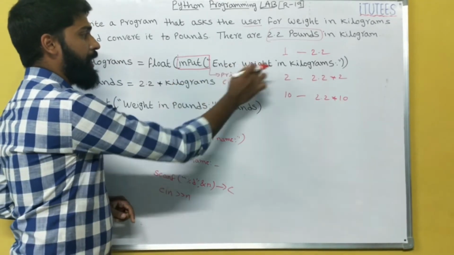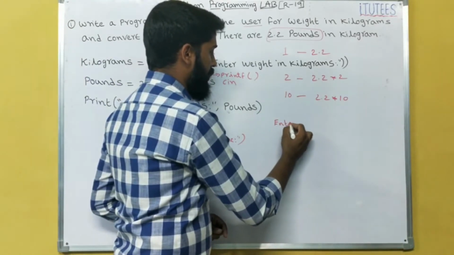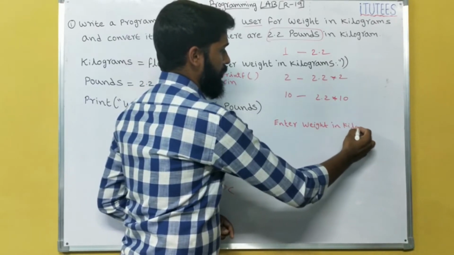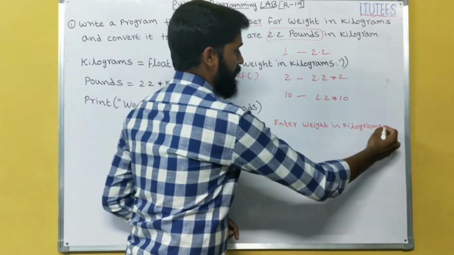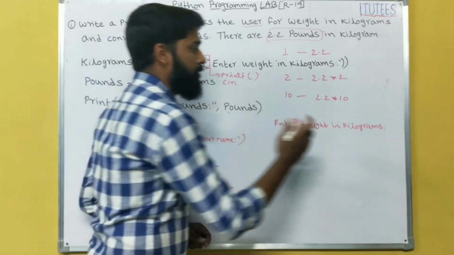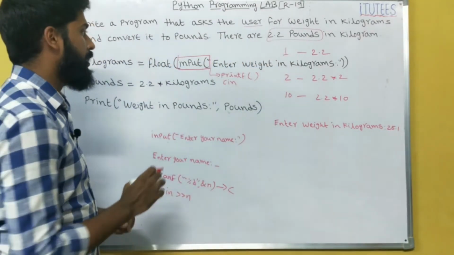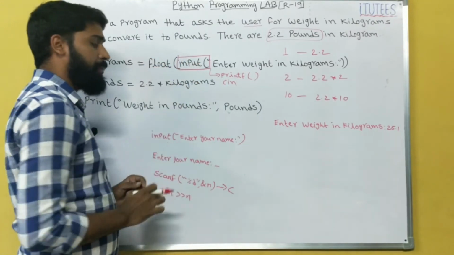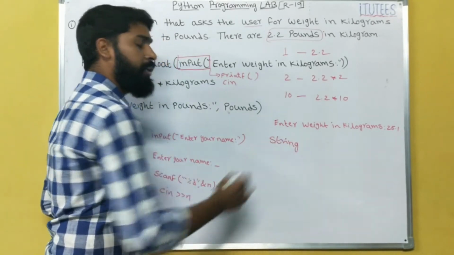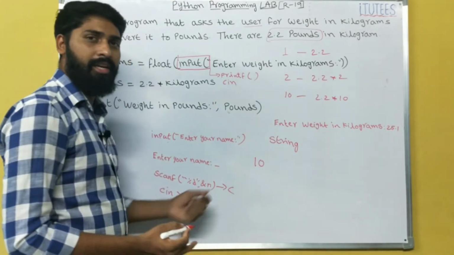So input, "Enter weight in kilograms:". It prints the message, and now I am going to give the input, for example 25.1 kg. But whatever you read from the keyboard in Python is in string format.